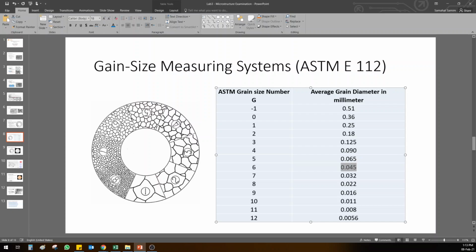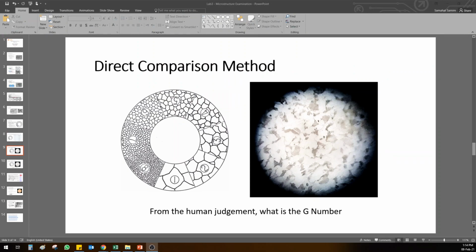So as the grain number goes higher, the grain size in millimeters becomes smaller. Okay, this is a confusion which students have, so please clear it before moving on to actually calculate the grain size.